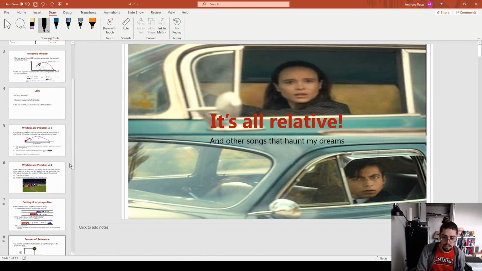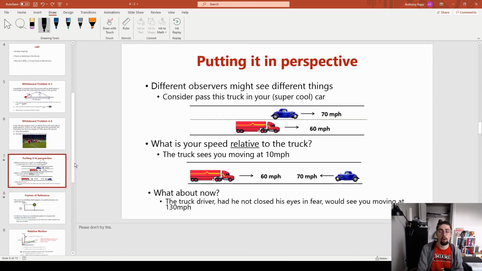And that joke in this context is hilarious, and nobody can convince me otherwise. But when we're talking about relative speed or relative velocity, we have to contend with the idea that other people might be seeing different things, but at the end of the day, the physics still works. We just have to have some sort of transformation that goes between our two perspectives to make sure that we agree.